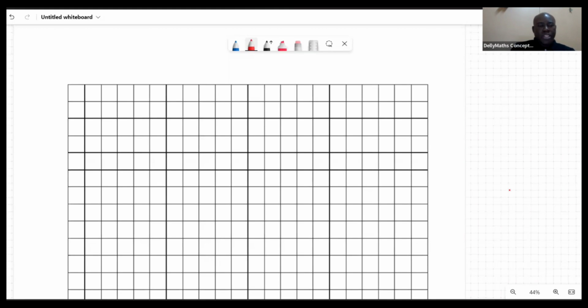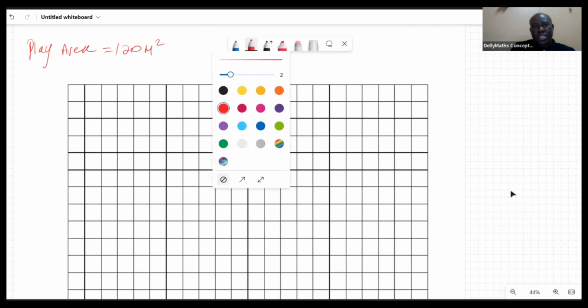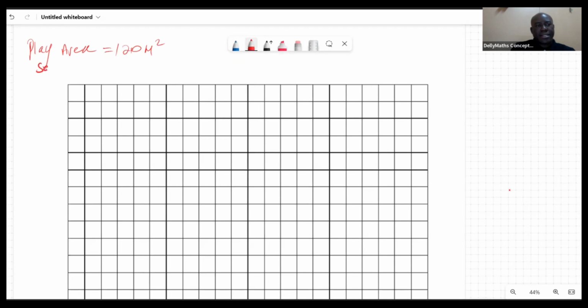Remember, the information is that the play area, in terms of its area, is 120 square meters. So we have 120 to work with. And then the sandbox must be 48.